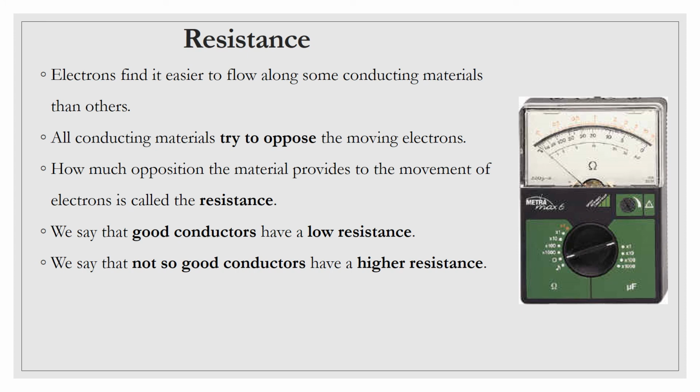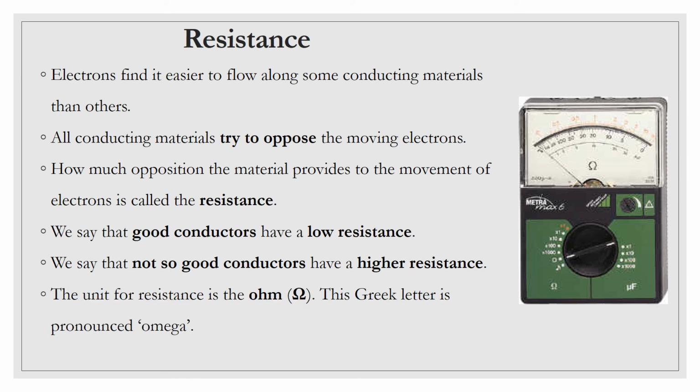And then our unit for resistance, meaning measuring how much they're slowed down, is called the ohm. And it's that little symbol there. If you can't draw that, don't worry about it. You can always just write ohm. And the instrument then is called the ohm meter.